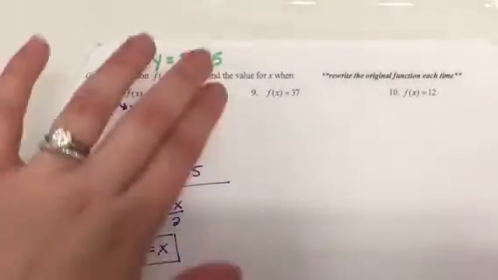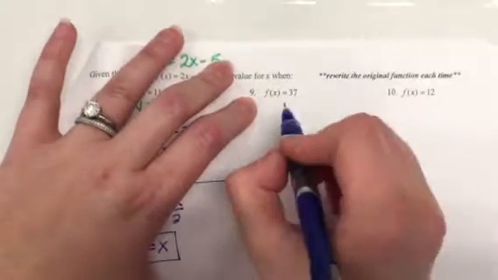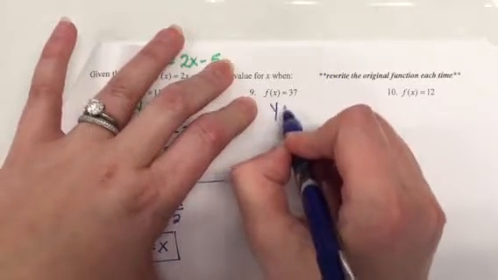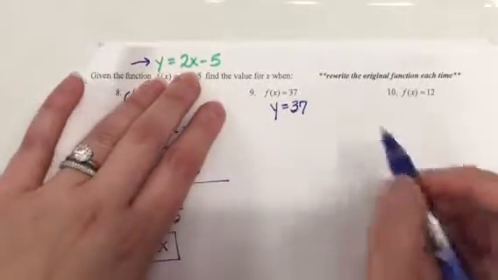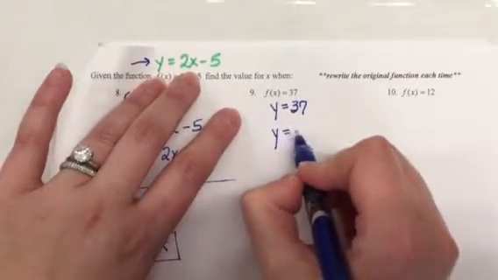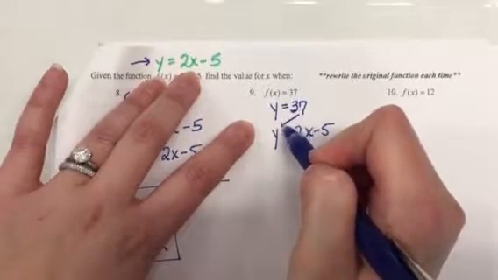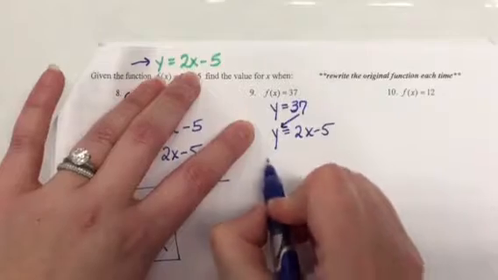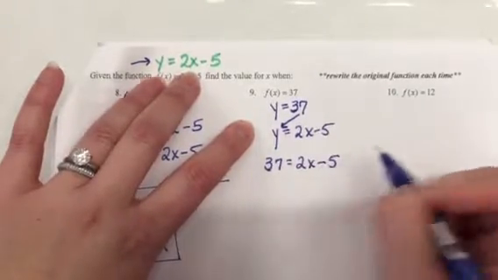So if I look at the next one, instead of f of x equals 37, rewrite it. Y equals 37. So now when I copy down the original, y is equal to 2x minus 5. You're going to put 37 in for y. 37 equals 2x minus 5.